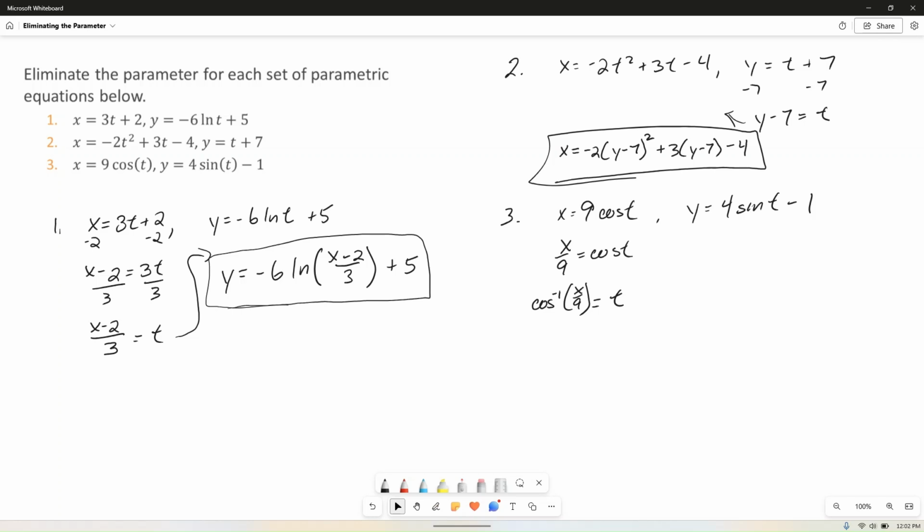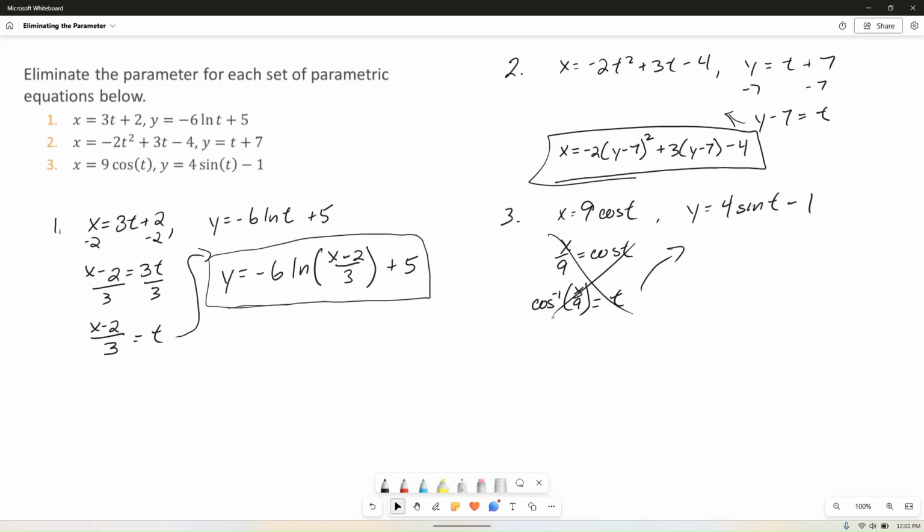And then I could take that and plug it into the y equation, but I really don't want to do it that way. I don't want to have to incorporate inverse trig functions if I don't have to, because remember, our inverse trig functions have restricted domains and ranges.